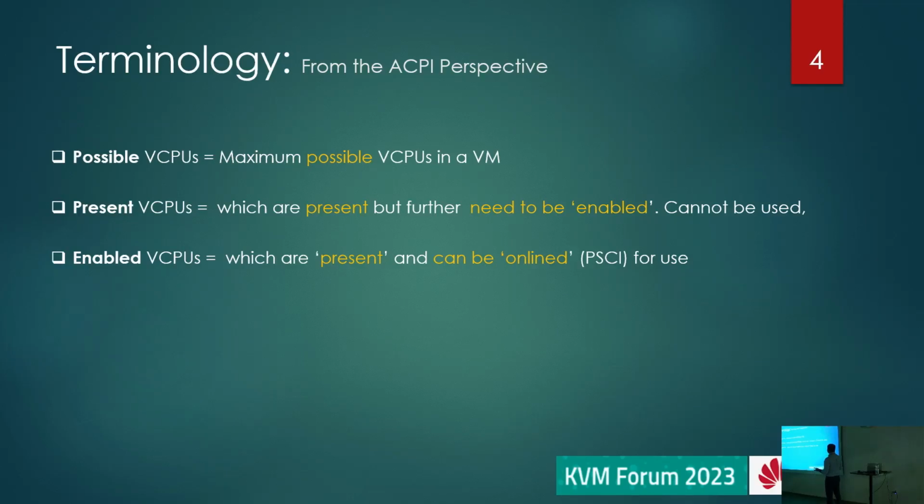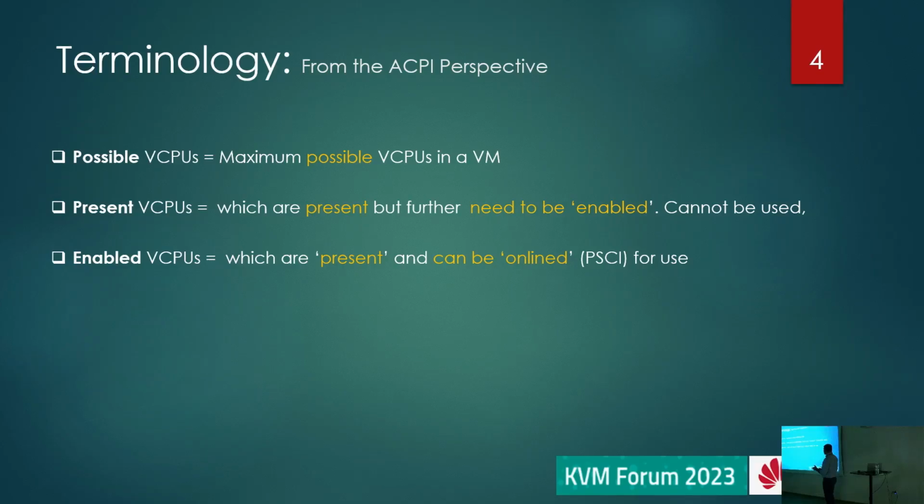The present vCPUs are present, but they need to be enabled, and they actually cannot be used. This is what we are trying to expose to the guest as part of the vCPU hotplug look and feel. The other part is the enabled CPUs. That means they have eventually been enabled as part of some action done within the VMM or QEMU. That resulted in handshakes between the guest and the VMM, which resulted in onlining of that particular CPU.